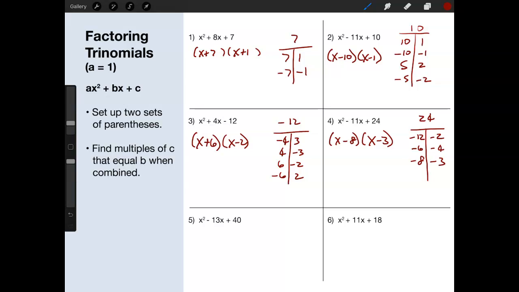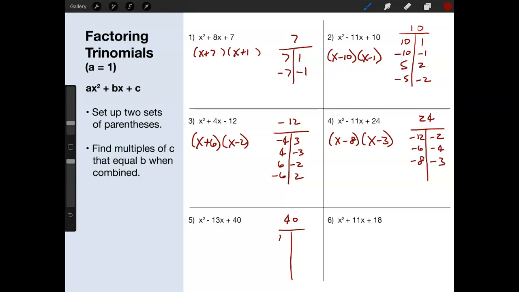For example number 5, we have x squared minus 13x plus 40. So let's look at multiples of positive 40 that when combined equal negative 13x.